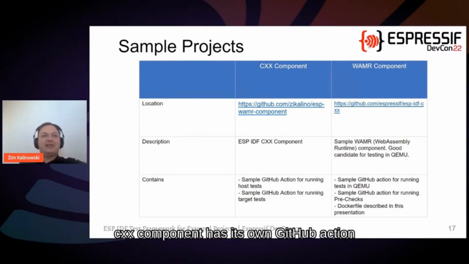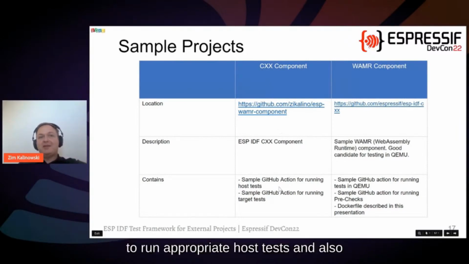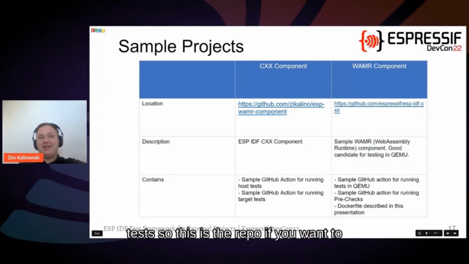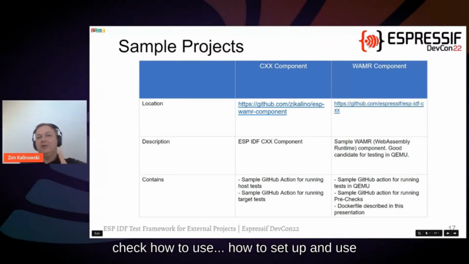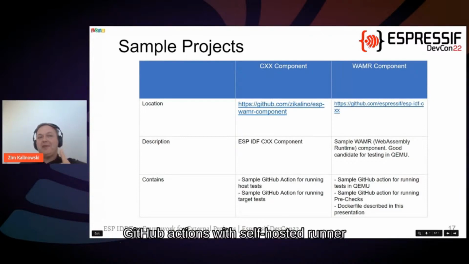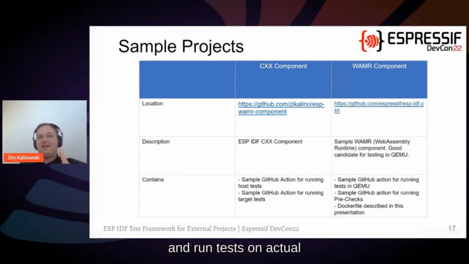The CXX component has its own GitHub action to run appropriate host tests, and also a GitHub action to run target tests. So this is the repo to check if you want to see how to set up and use GitHub Actions with a self-hosted runner and run tests on actual ESP32 hardware. This is the place to go.